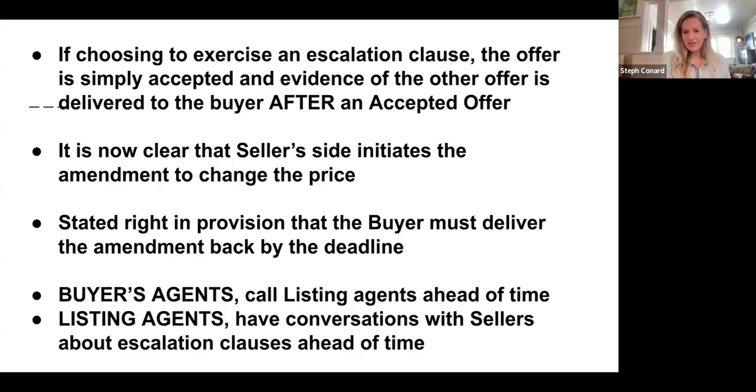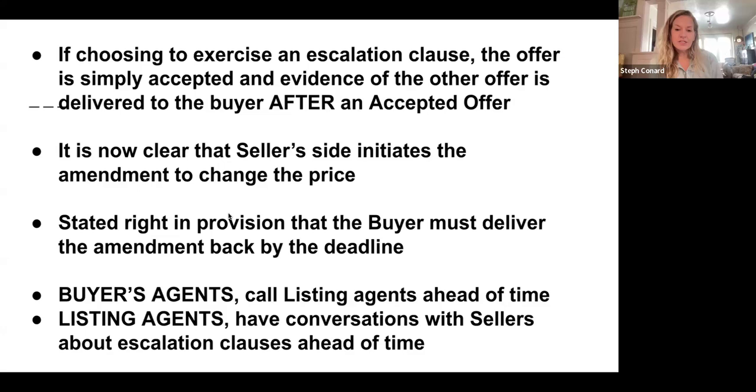We used to get this question a lot, like, what happens if the buyer just sits on that amendment and doesn't sign it? Which was the case before this addendum AC was drafted. They would just wait. But now it's stated right in the provision that the buyer must deliver it back, which was helpful for us.